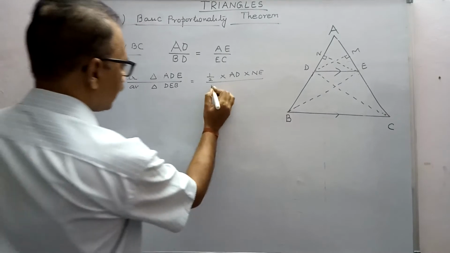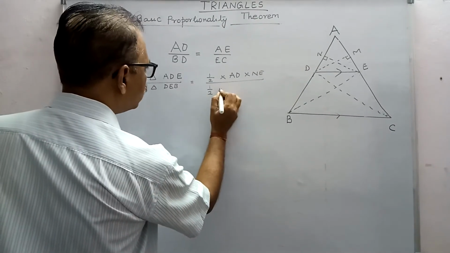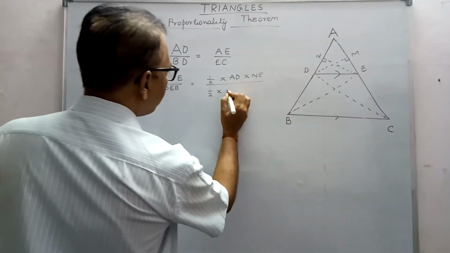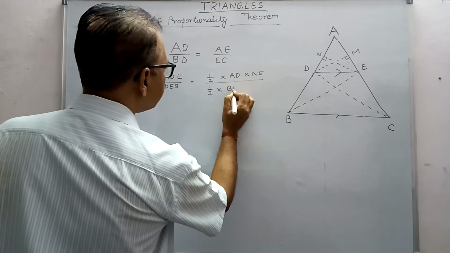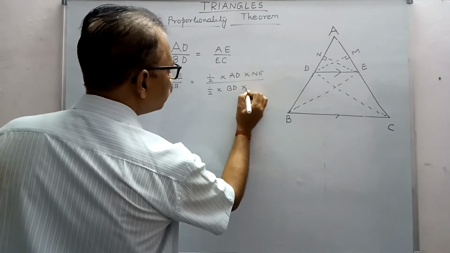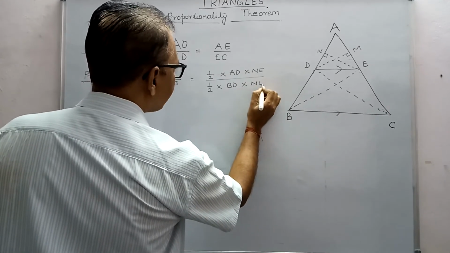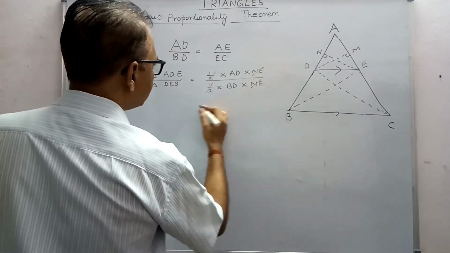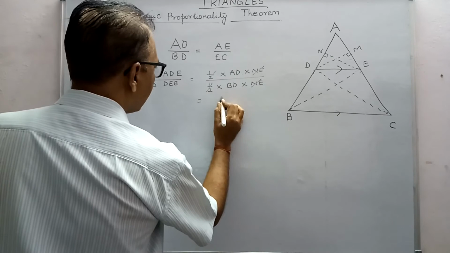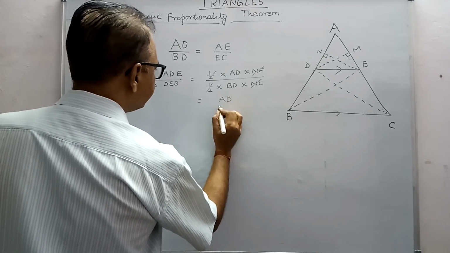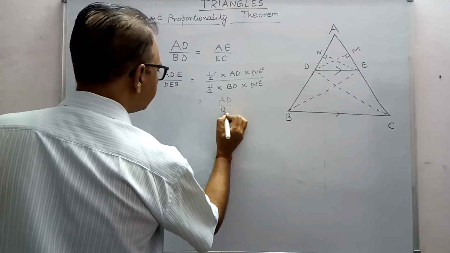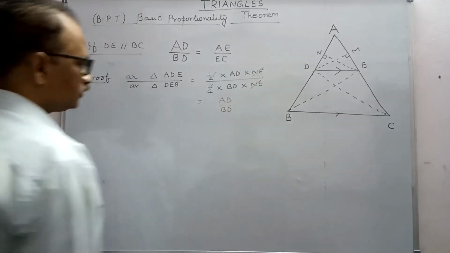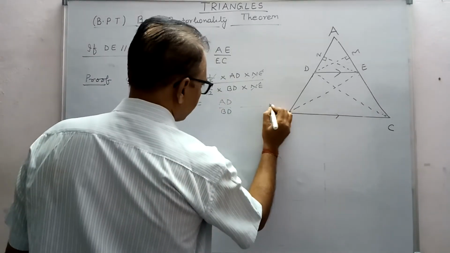Therefore the area will be half into BD into EN. Half cancelled, EN cancelled, so that is equal to AD upon BD. Call this relation number 1.